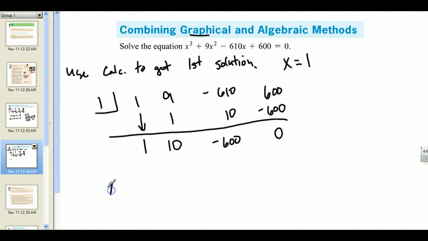So this is 1x squared, or just x squared, plus 10x minus 600. Alright, and that's equal to 0.